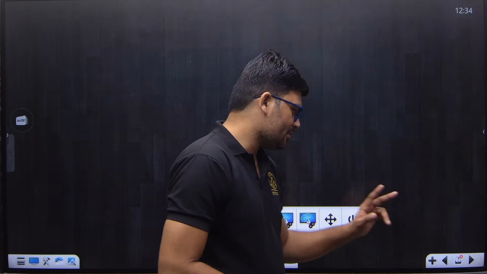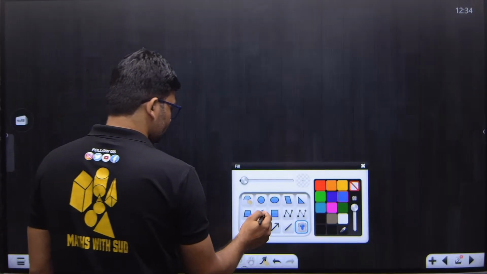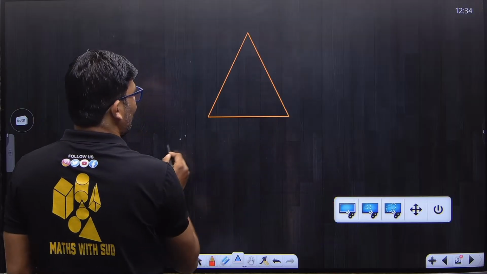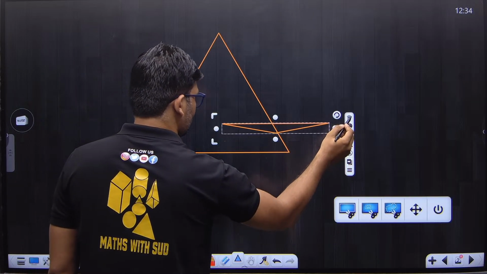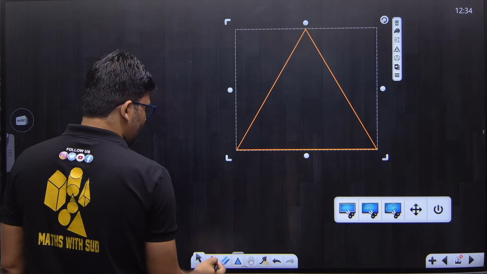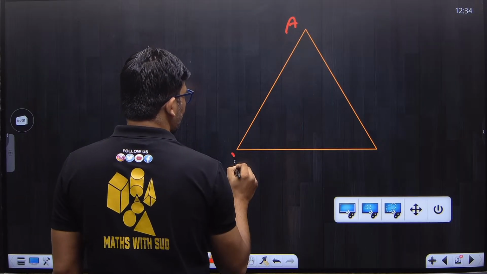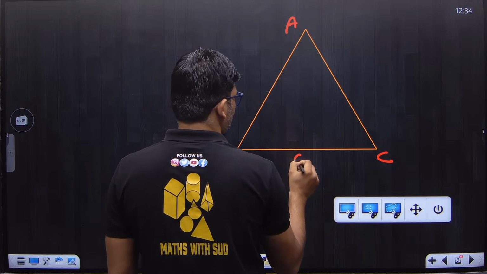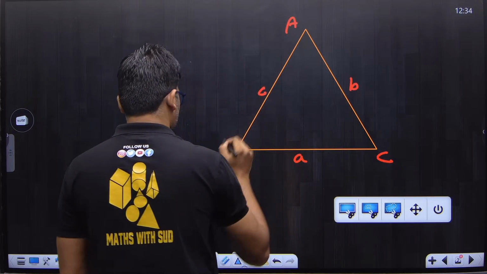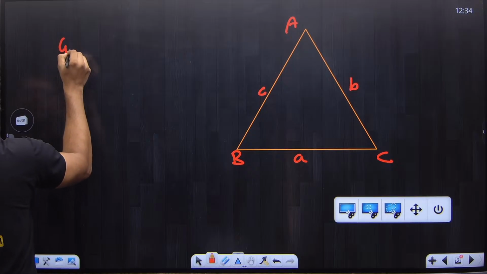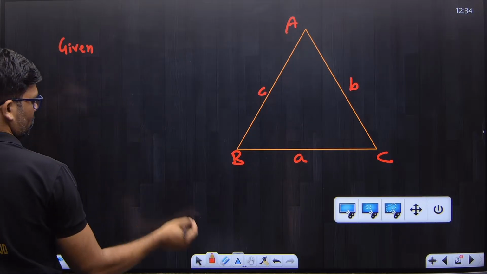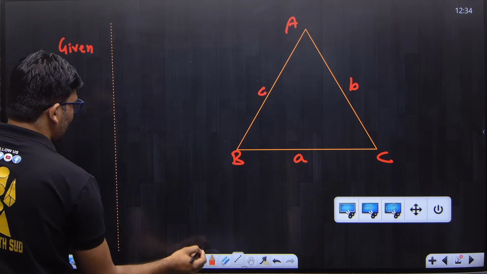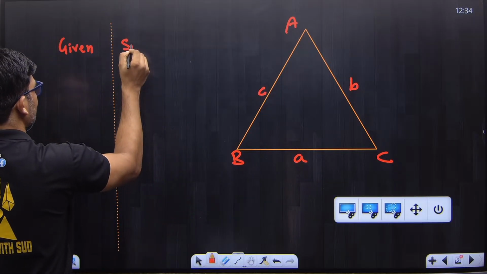Let me make it more clear. Good that you asked this question. So what I will do is, I will create a triangle, let us say, and let us play a game. So this is A, this is B, this is C. This is small a, this is small b, and this is small c. First I will write given, then we will find out the sides.